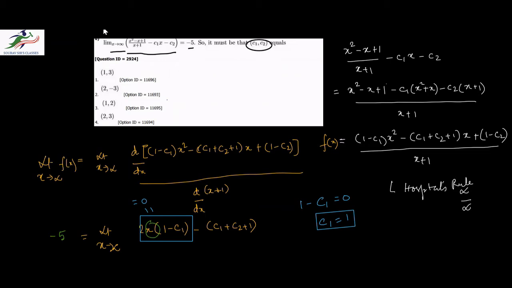Now therefore, since this term is 0, the limit x tending to infinity of this function will be equal to minus of c1 plus c2 plus 1. So minus 5 is equal to minus of c1 plus c2 plus 1.